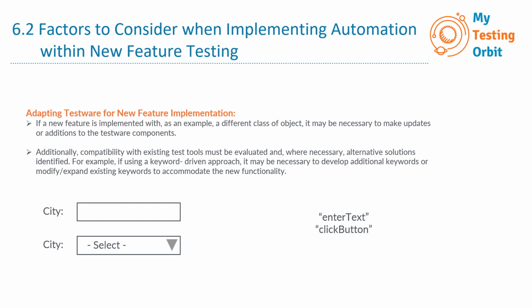When introducing the new drop-down menu feature, the existing keywords might not cover the actions specific to drop-down menus, like select drop-down option, and so to maintain compatibility with the test tools, it might need to explore and identify alternative methods within the keyword-driven approach that can handle the new functionality, which ensures that there is a seamless integration with the existing testing framework.